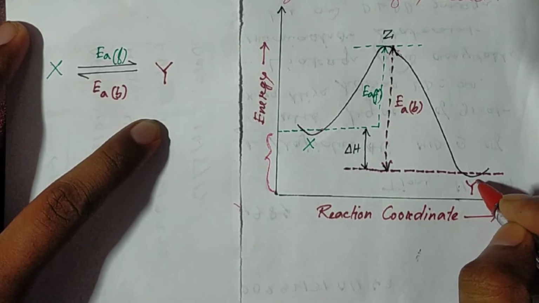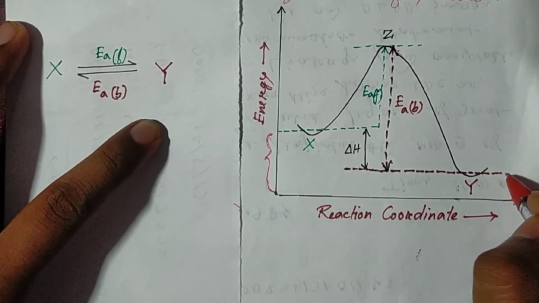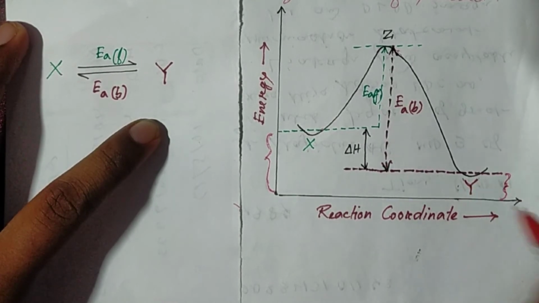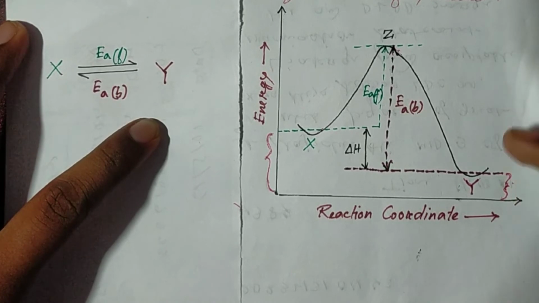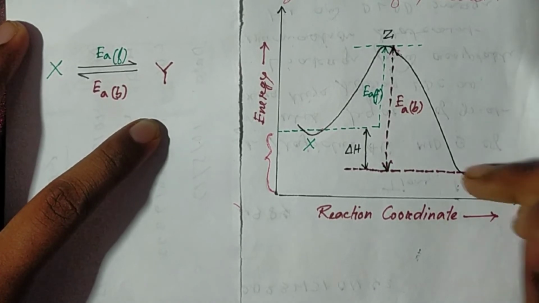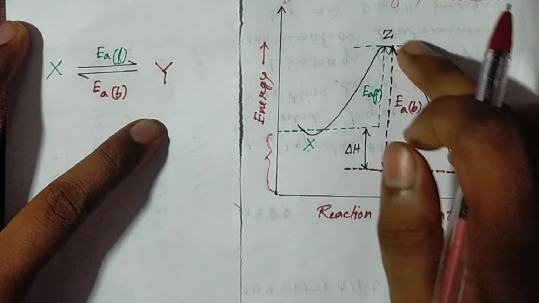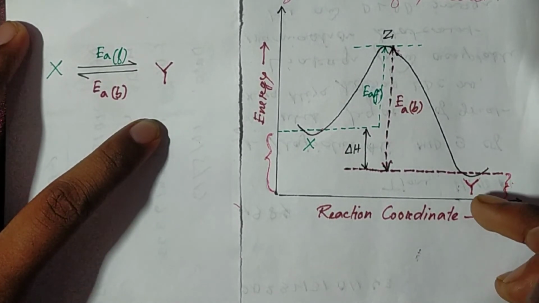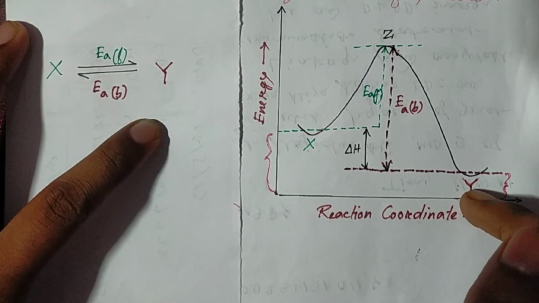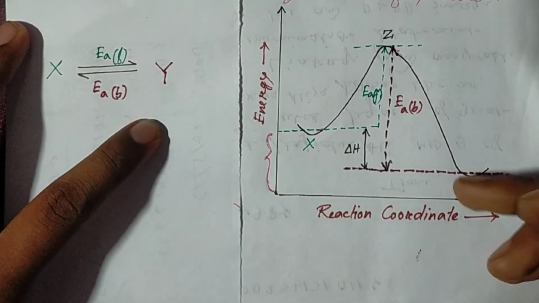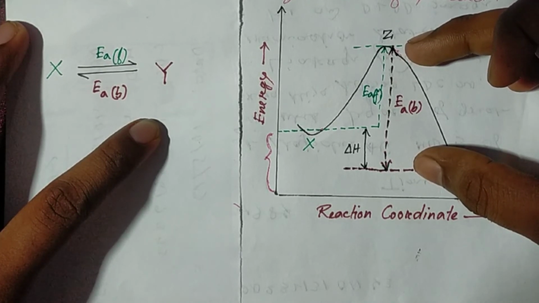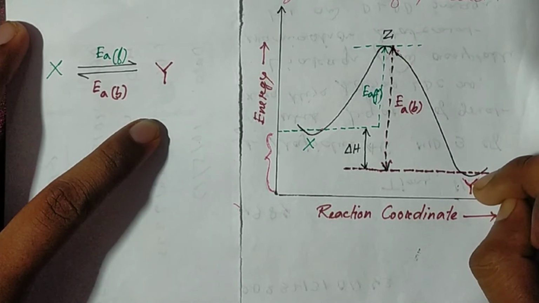Next, this is the energy for the product Y. Next, if we consider the backward reaction, when Y gives the product X, then in this backward reaction this will be the activation energy for the backward reaction.